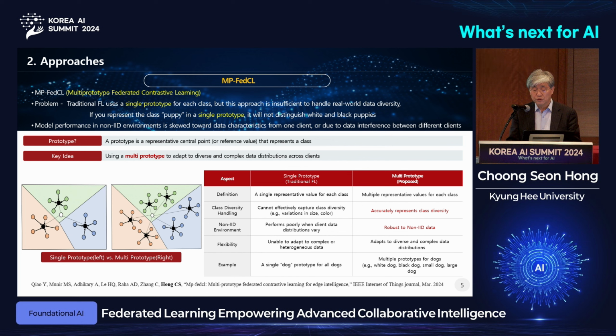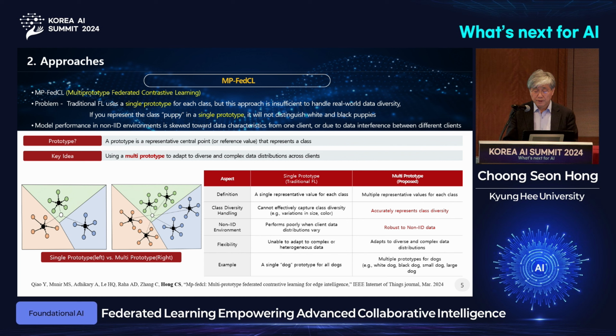Traditional federated learning uses a single prototype for each class, but this approach is not sufficient to handle real-world data diversity. If you represent the puppy class with a single average value, it won't be able to tell the difference between white puppies and black puppies.